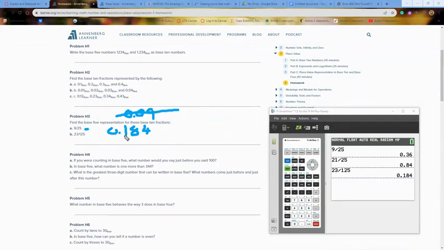So I know that this would turn into 1/5 plus 8 over 25, and then plus 4 over 125. And then we can add all these together, and that's what I'm going to do with this calculator.